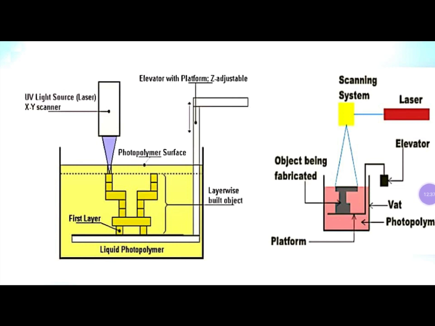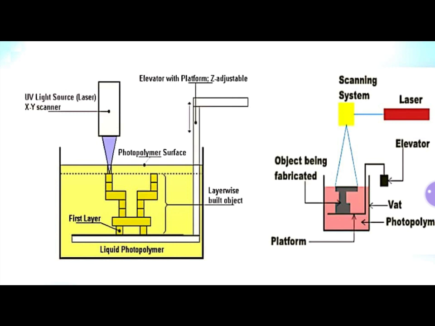The steps that are involved in this manufacturing are, first of all, we take a large container which has a movable platform or elevator which can be adjusted, and the UV light source unit is used here to cure the material in the X or Y direction.